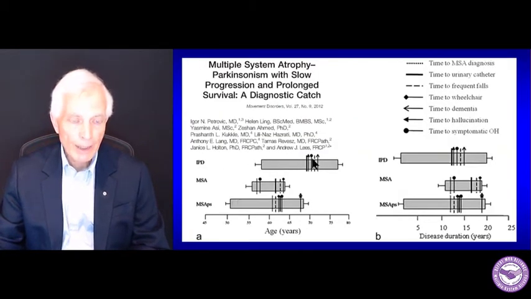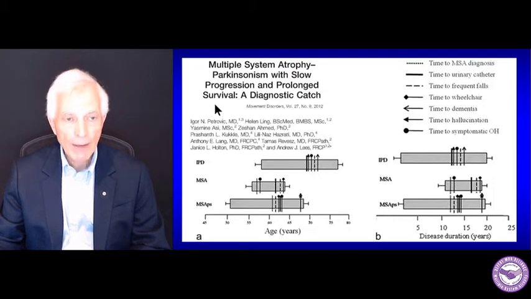Myself and a group from England at Queen Square described a small number of patients with a prolonged survival, and there were some helpful features. So here's again Parkinson's disease, the age and the disease duration. Parkinson's disease beginning in the late 50s and lasting up to 20 years of disease course. MSA usually beginning in the mid 50s and lasting about 10 years or less. Whereas this prolonged survival form tends to begin earlier, and patients may live as long as the typical patient with Parkinson's disease.